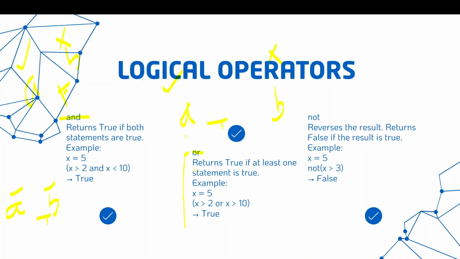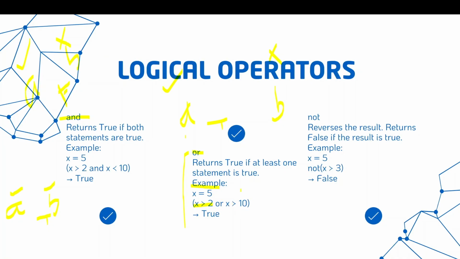Here you can see the example. It is written that x is equal to 5, and the condition says x is greater than 2, or x is greater than 10. Here one statement is true, that x is greater than 2, since 5 is of course greater than 2, but 5 is not greater than 10.